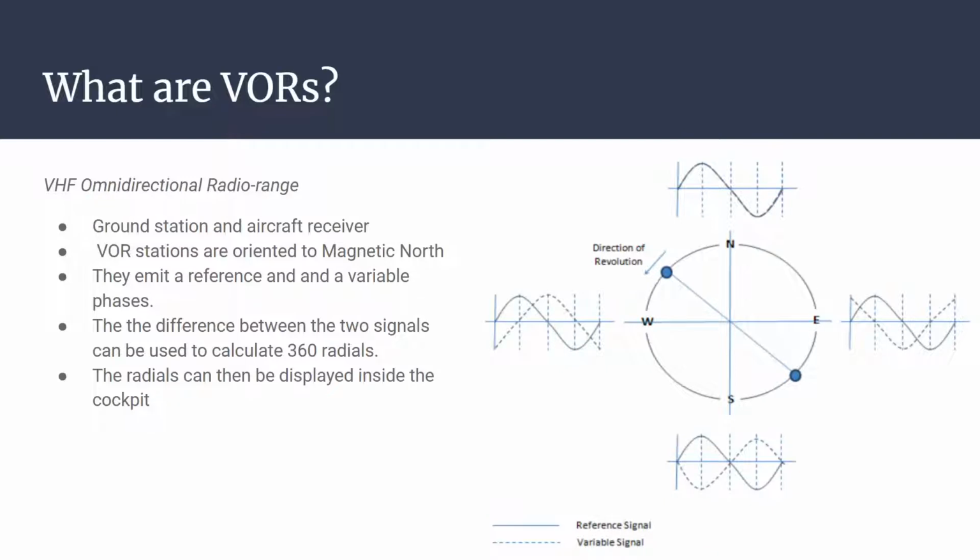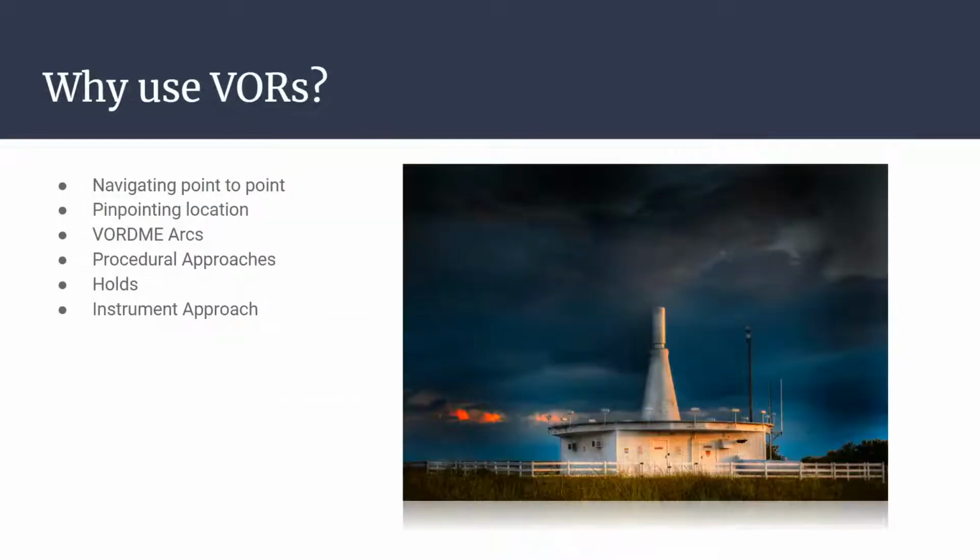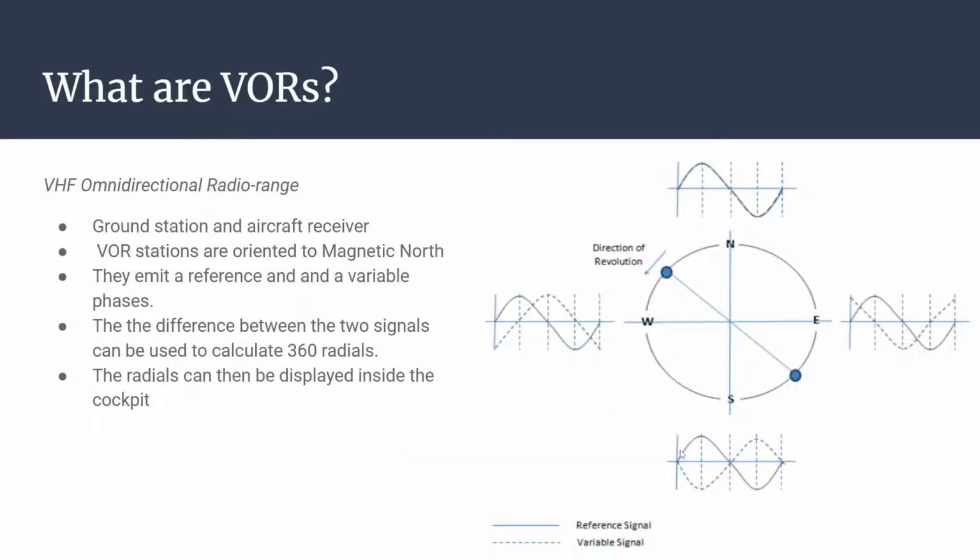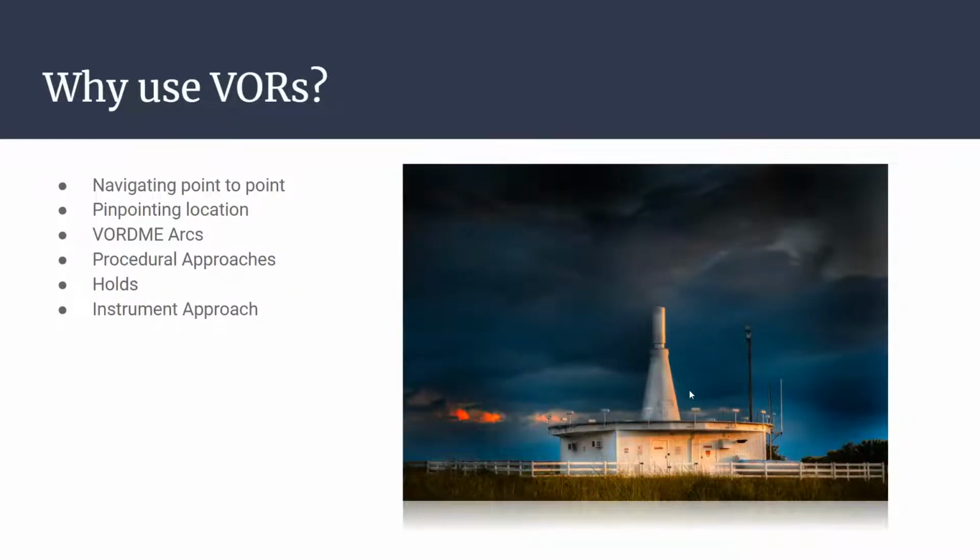So VOR, VHF omnidirectional range, such a dumb name. Basically, a VOR is a two-part system: the ground station itself, which looks something like this, and then the receiver in the aircraft. Out of curiosity, do either of you know what this big white tower is?